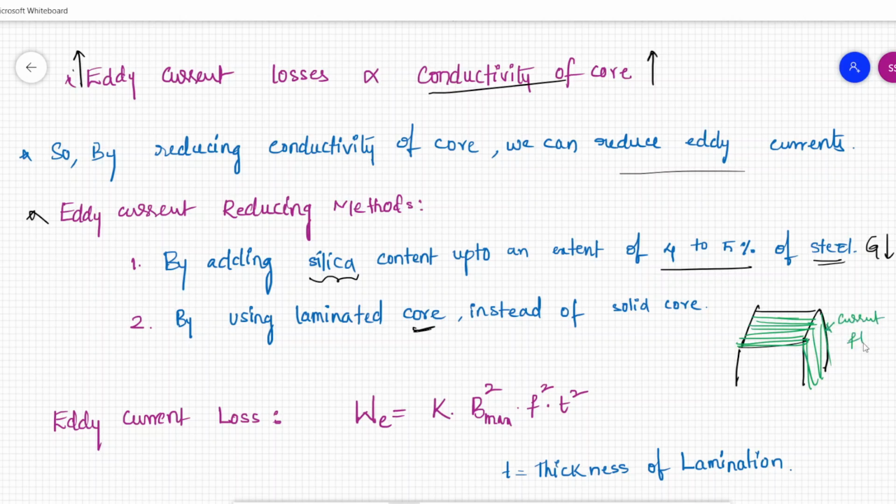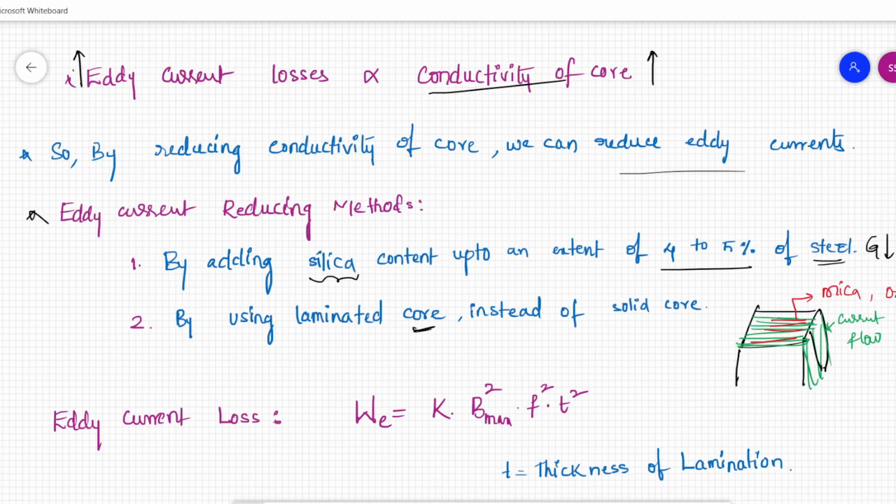The current flow will be almost eliminated, because insulation doesn't allow current to flow. So there is insulation between each and every lamination, shown here in red color. This insulation can be mica sheets, or a special oxide.